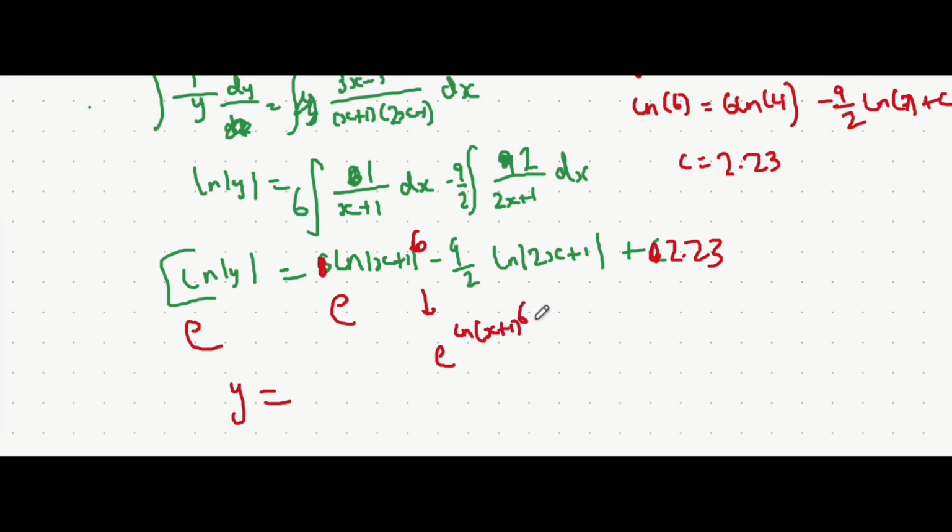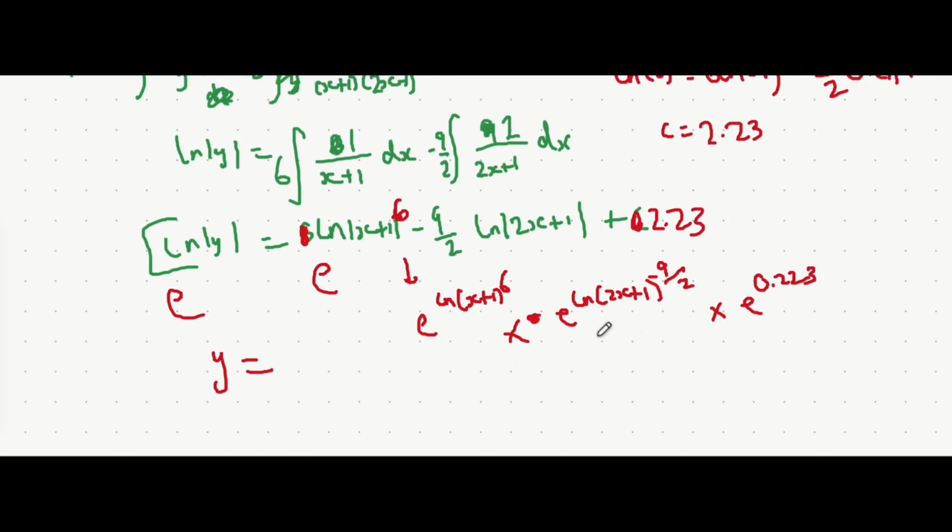I'll show you why later. We can apply that same coefficient power rule here. So we can say it's minus e to the power of ln of 2x plus 1 to the power of 9 over 2. And the reason I wanted to separate it is, oh sorry, let's put minus here, because these are multiplied together in order for the powers to add together. That's how indices work. So you also multiply by e to the power of 0.223.